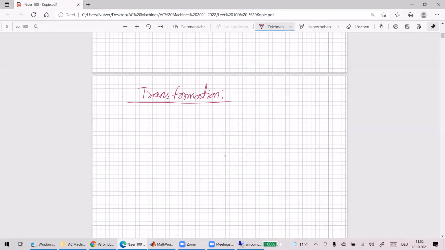Why do we need this transformation? We want to get our fundamental components as DC values, so that we can control those DC values very easily and very simply, and perfectly track the reference value. If you give a reference of 1 per unit, the actual value can also go to 1 per unit.